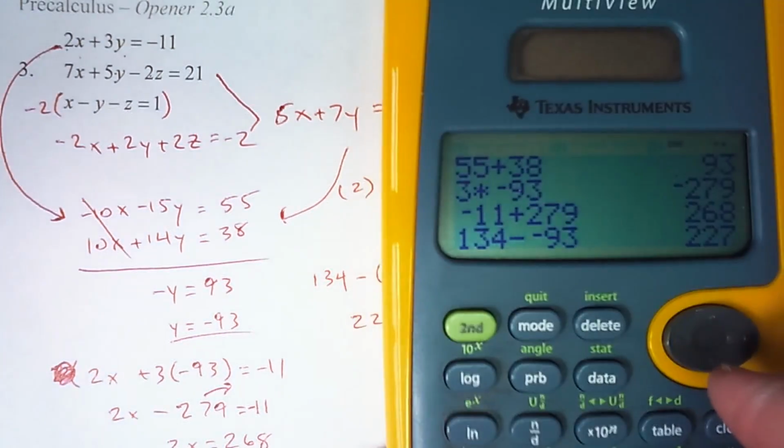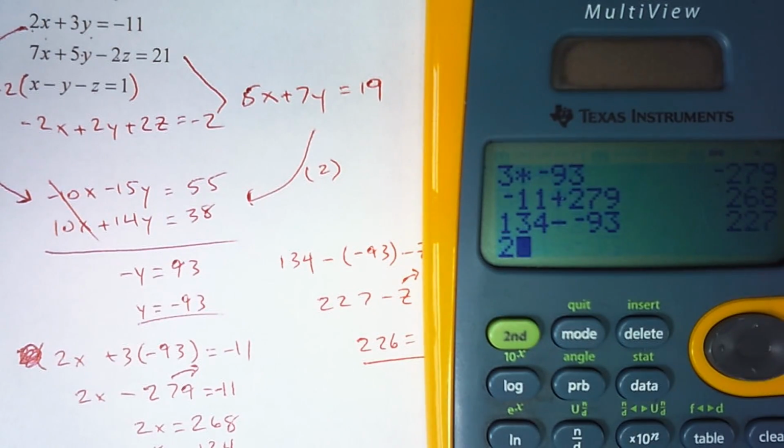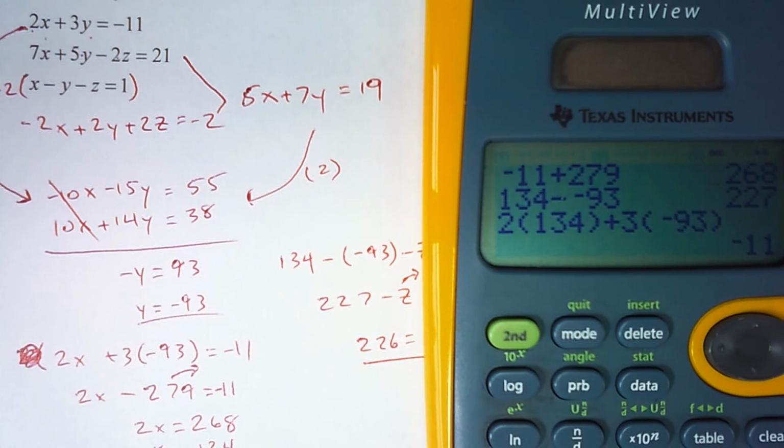So 2 times x, 2 times 134, plus 3 times y, negative 93, equals negative 11. So first equation works. Sometimes it'll work in 1, but not all 3. Sometimes it could even work in 2, but not in all 3, which means we made a mistake somewhere.